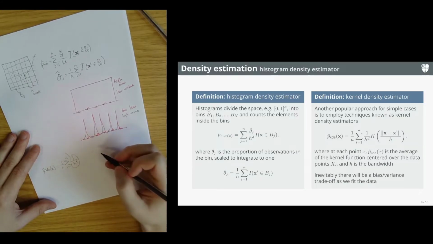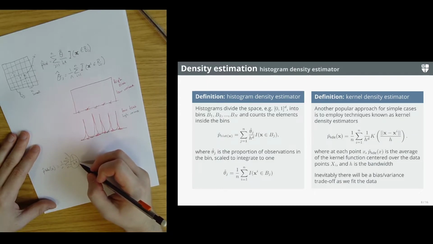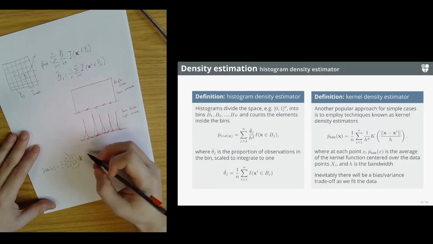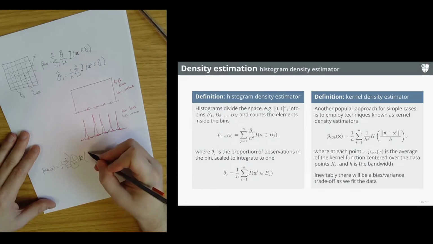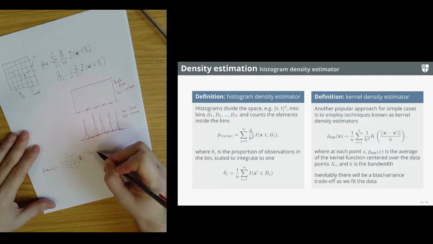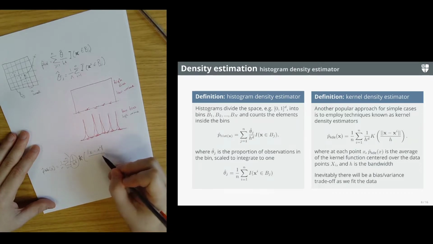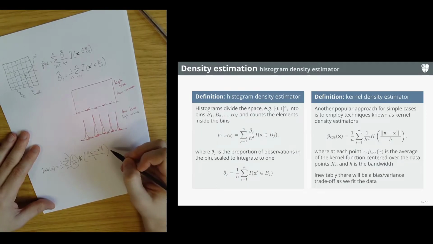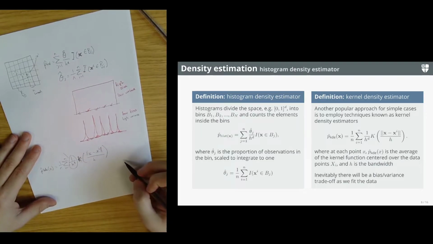Then we have our kernel function, sorry, that should be a capital K, where we slide over our data. So we have a sliding window over our data set, xi, over our kernel bandwidth.